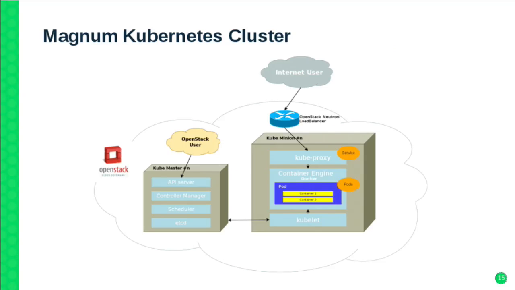From the OpenStack point of view, Magnum is launching two types of virtual machines. One type is the Kube Masters, which are controllers for the Kubernetes cluster. These instances are running the services for Kubernetes, like the controller manager, scheduler, the API server, or etcd services.